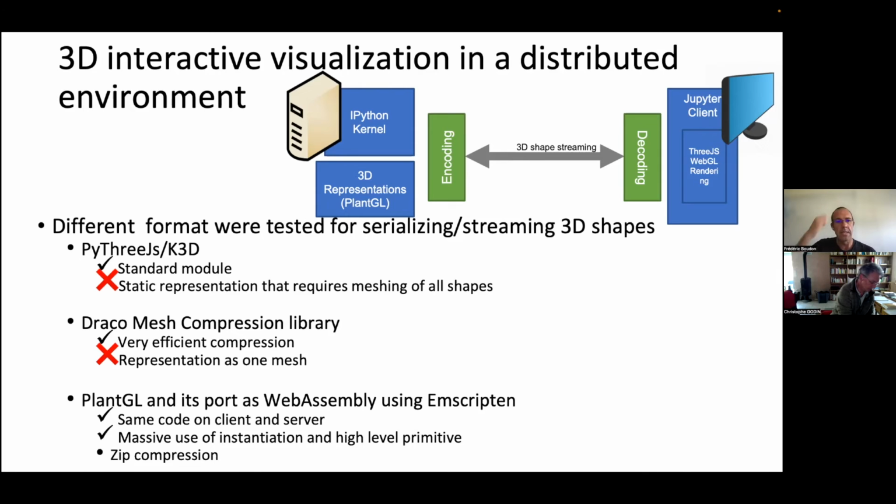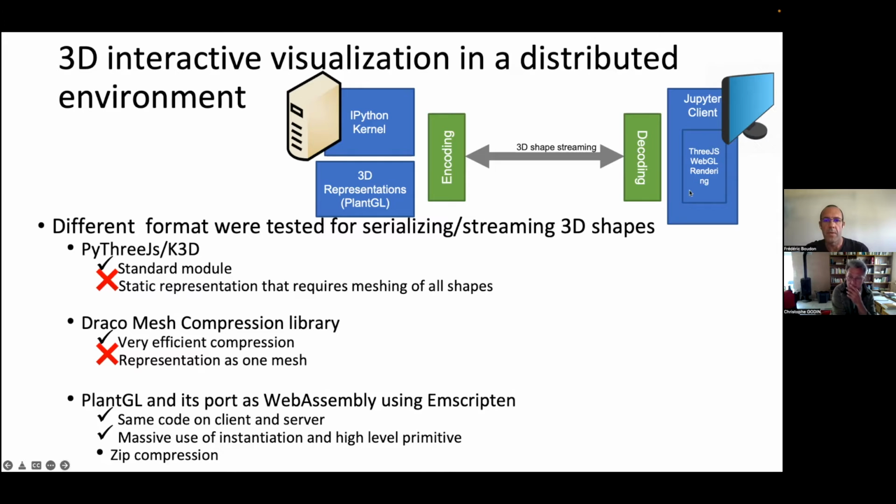Finally, we tested an alternative approach that consists in directly using the 3D serialization method of PlantGL and combining it with the standard zip compression protocols. The advantage is that PlantGL representations allow massive use of instantiations and high-level primitives for compact representations of plant structures. From the client perspective, by default, PlantGL is not integrated into web browsers.